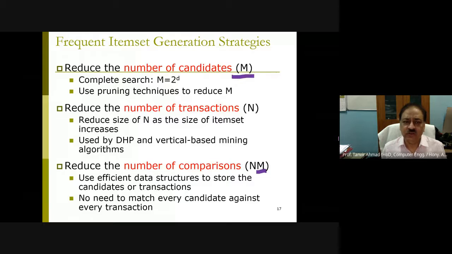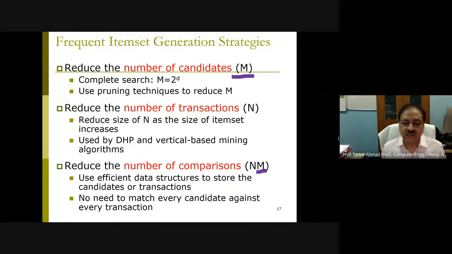But how can I do that? If I want to reduce M, I use some pruning techniques. We'll discuss that right now. If I am going to reduce N, I have to use some method which is called vertical based mining. What we are trying to do here is called horizontal based.